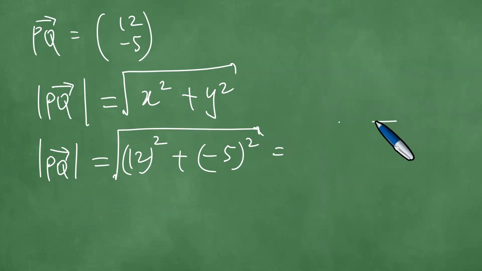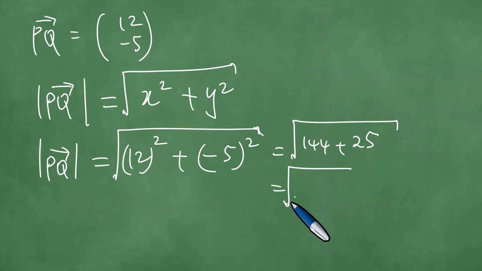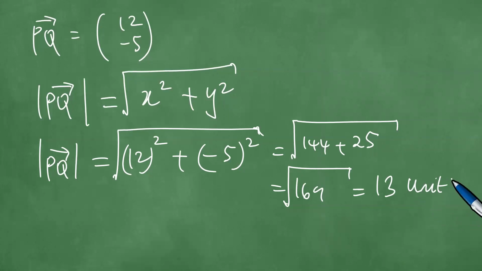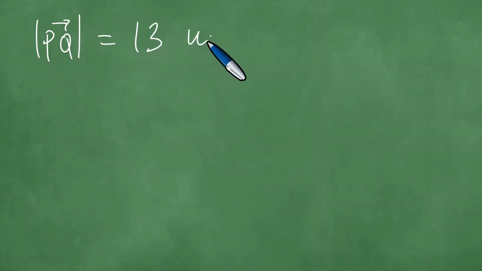These squares yield 144 plus 25, giving us the square root of 169, which is exactly 13 units. The implication is therefore that the length of the vector PQ is 13 units as required.